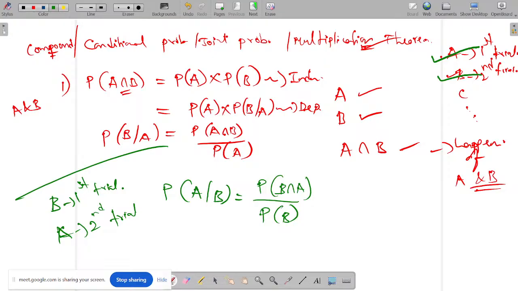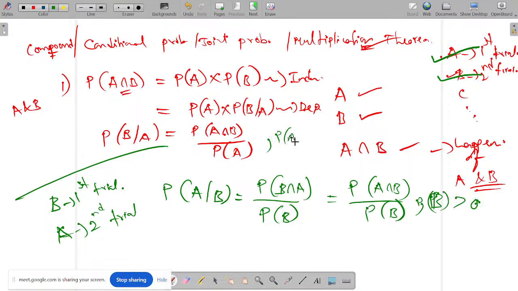See, trial-wise it's different logically, but A is a set, B is a set, A intersection B is equal to B intersection A. So ultimately you can have this as P of A intersection B divided by P of B, where B should not be an impossible event. Here A should not be an impossible event. Only then will we talk about dependent, independent events and the multiplication theorem.